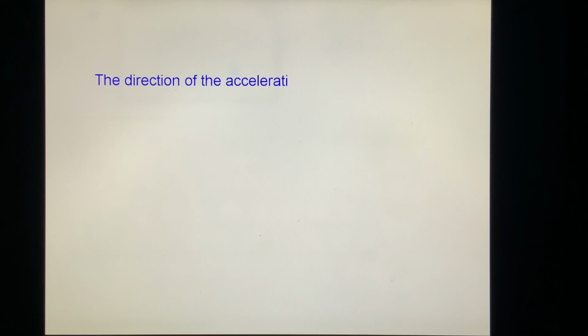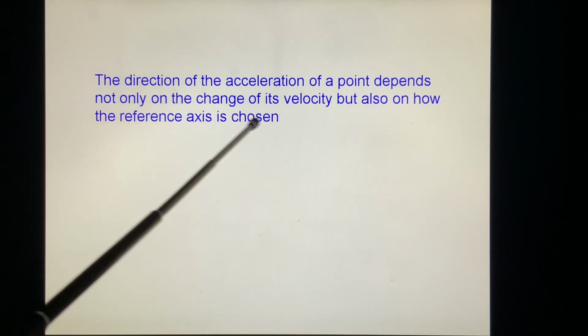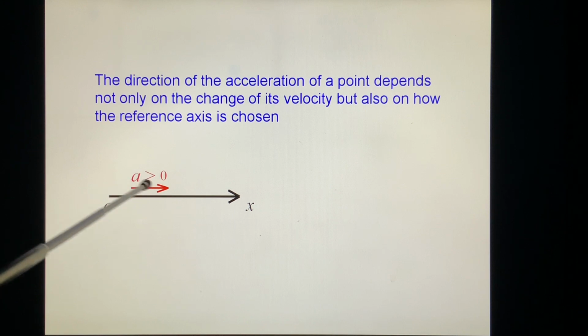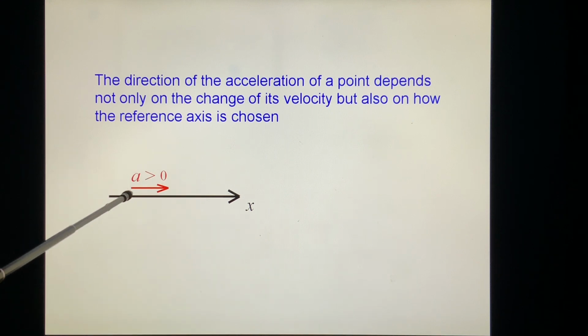The direction of the acceleration of a point depends not only on the change of its velocity, but also on how the reference axis is chosen. For example, this is the acceleration. If we take the reference frame positive to the right, then a is larger than 0.